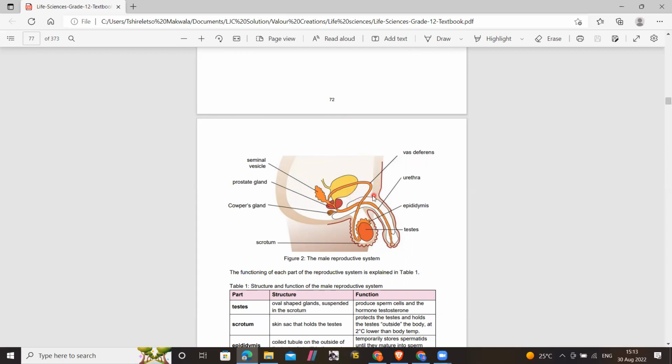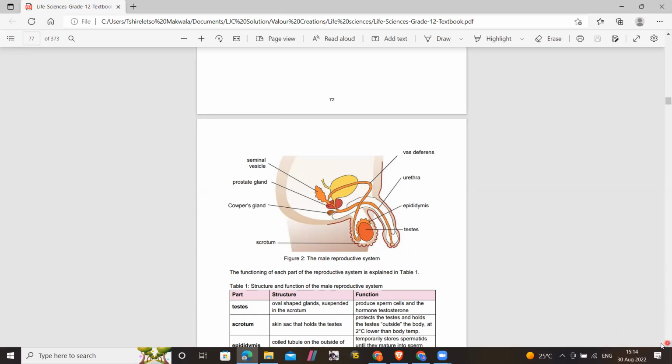As a result, if this tube is cut, these sperm cells will not be able to go through this tube. So this is the first difference. It transfers these sperm cells from the epididymis up to the urethra.